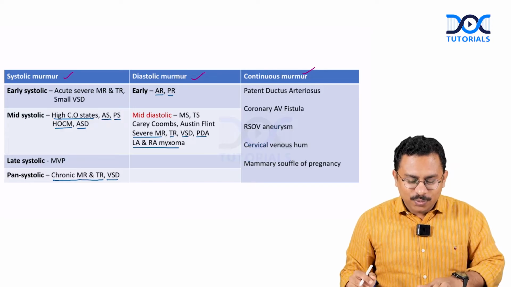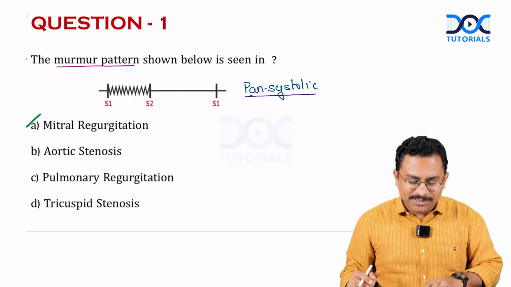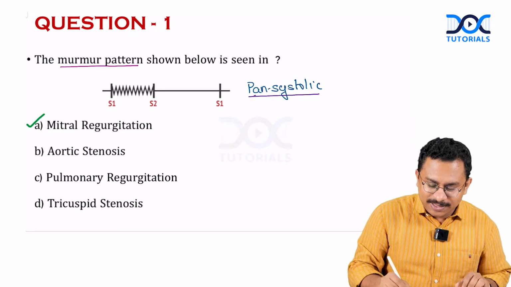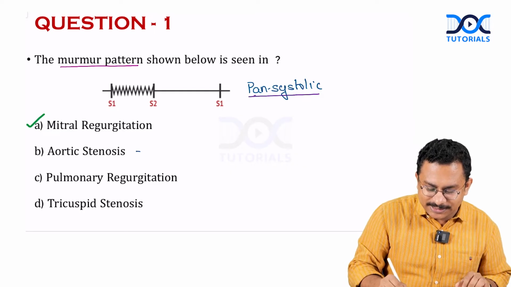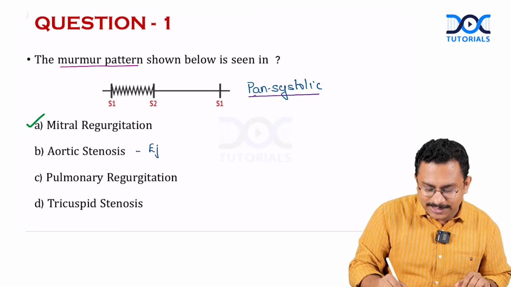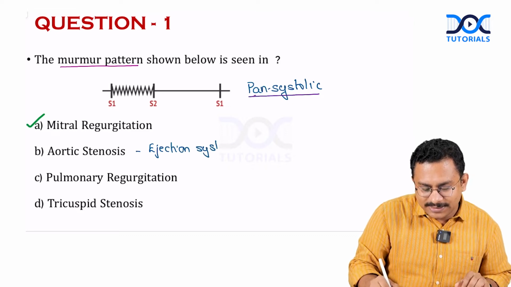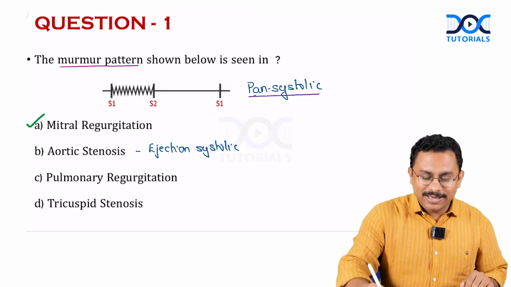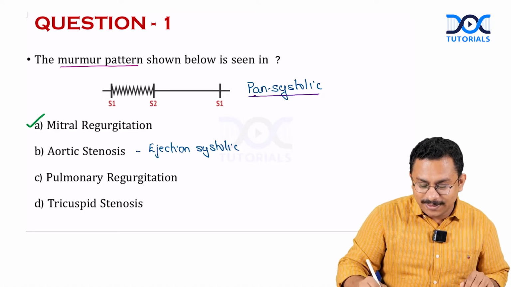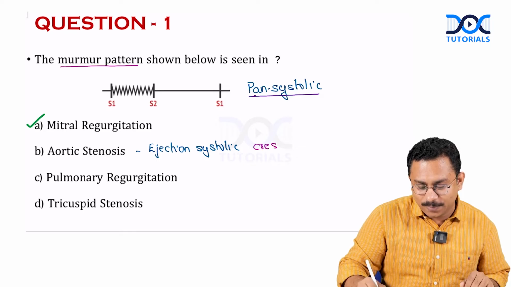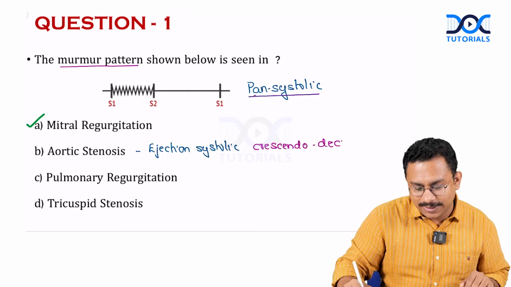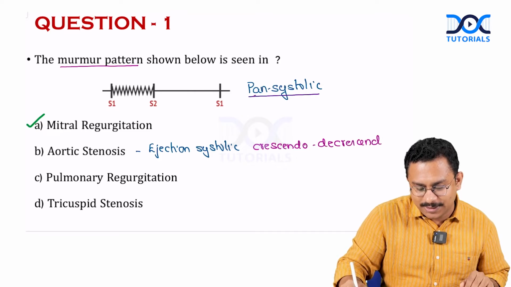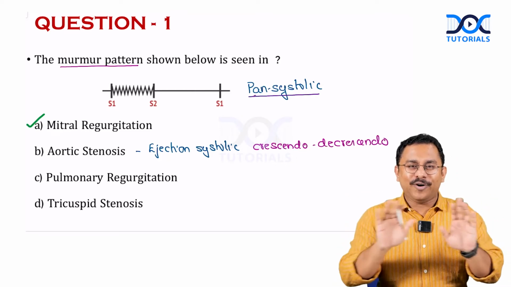If you go back to the options, aortic stenosis classically has an ejection systolic murmur. And the ejection systolic murmur of aortic stenosis, what sort of character does it have? Crescendo decrescendo. It's not uniform in intensity.